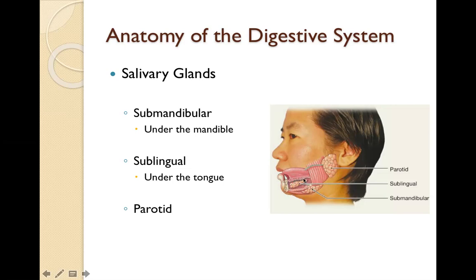And then the last of the major salivary glands is the one that's under the tongue. Lingual means tongue, so it's under the tongue, the sublingual. You have hundreds of minor salivary glands, tiny little ones everywhere, but these are the three major ones that you should know contribute to the production of saliva.